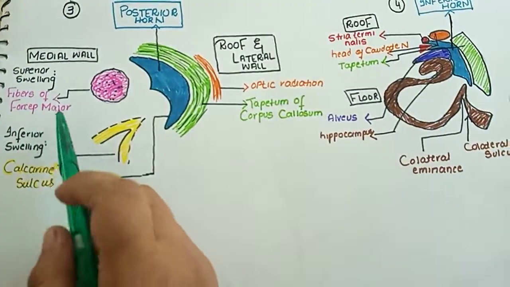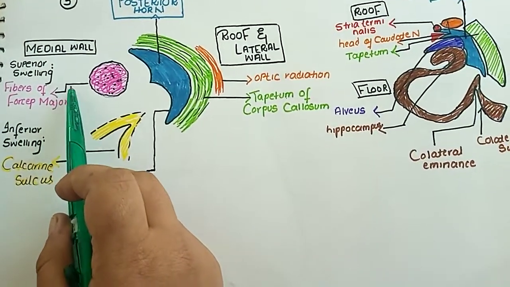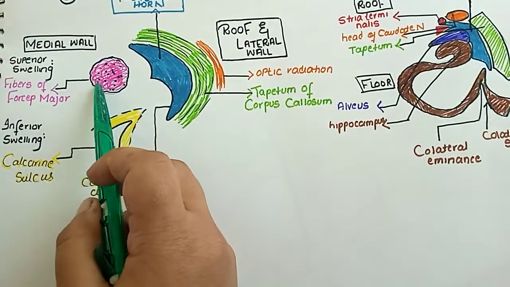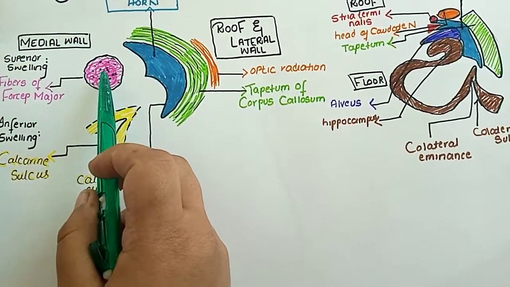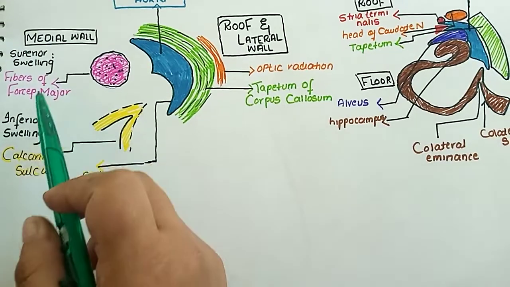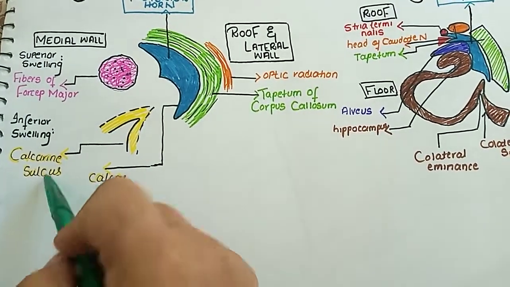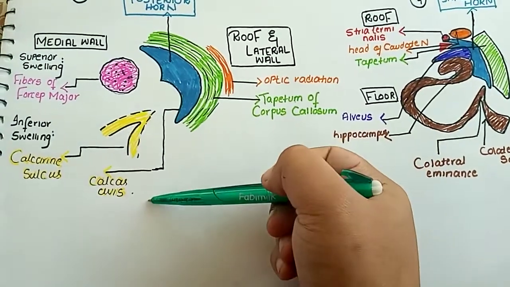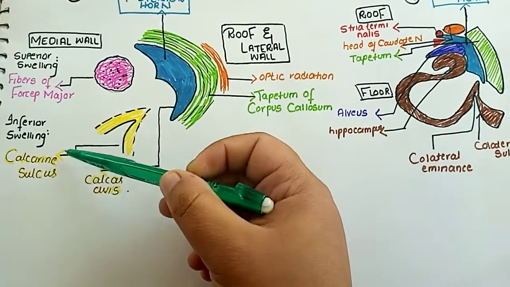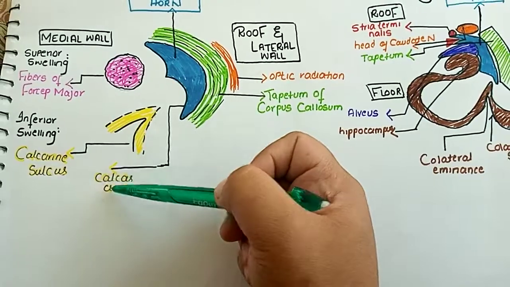The superior swelling is made up of the splenium fibers of the corpus callosum and forms the fibers of the forceps major, and the inferior swelling is formed by the calcarine sulcus, which is located inferior to the lateral ventricle, and within the calcarine sulcus is the calcar avis.